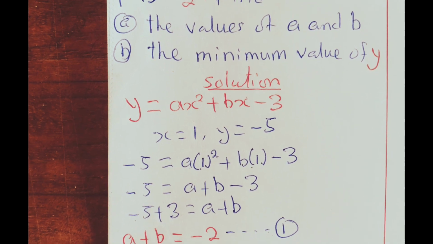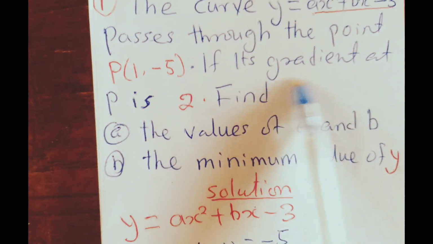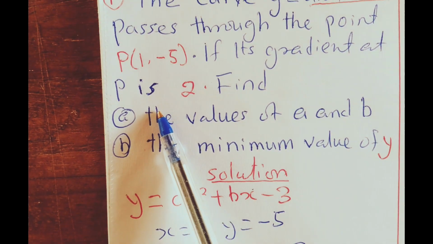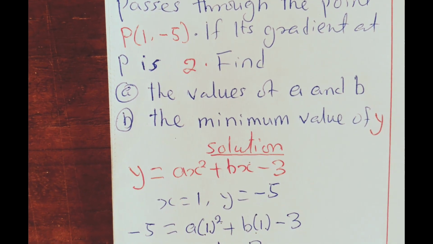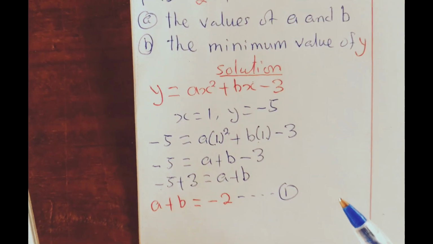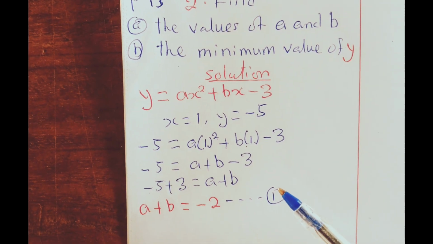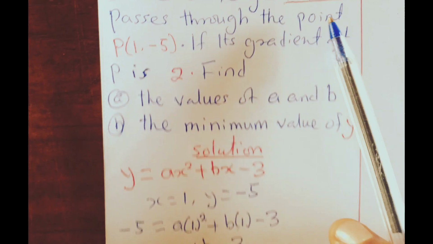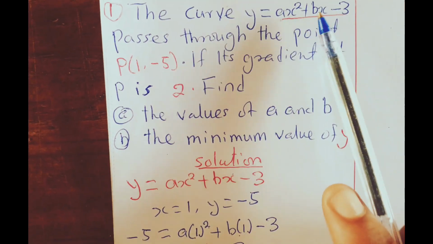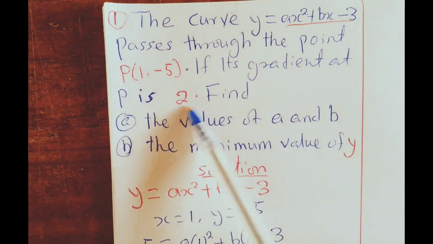All right, so the question says that its gradient at P is 2. So what it means is that in differentiation, when we talk about the gradient, we are talking about dy over dx. So when you take the first derivative of this, what you get is the gradient.